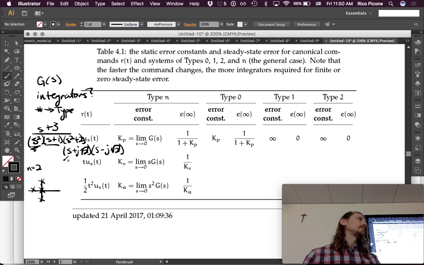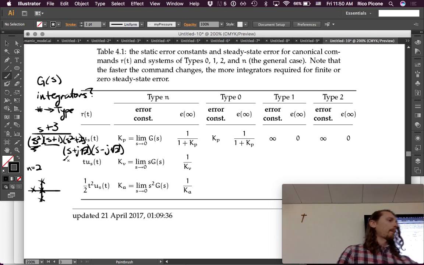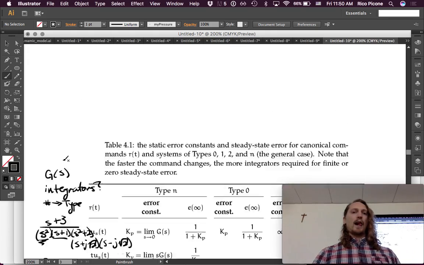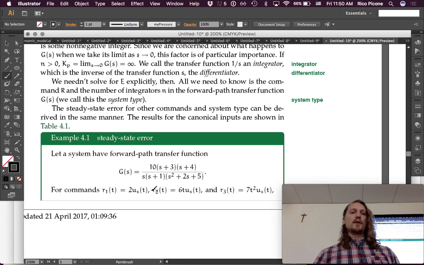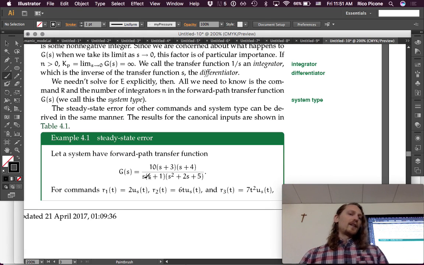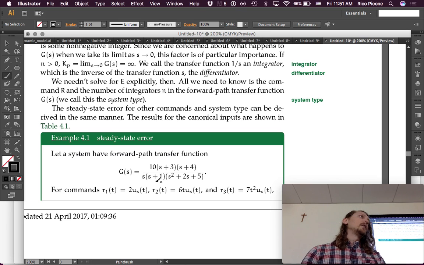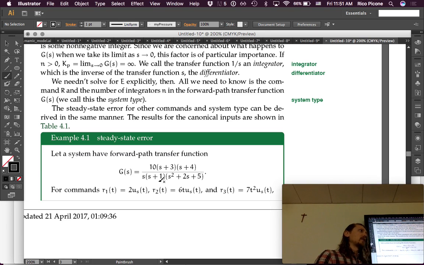So then in example 4.1, there'd only be 1. Would you have to factor out the next term? That's a good question. What do you guys think? Is that one integrator? I think it'd have to be. Yes, it's only the ones that you can factor out. It's pretty easy to figure out how many integrators: factor out as much s as you can.